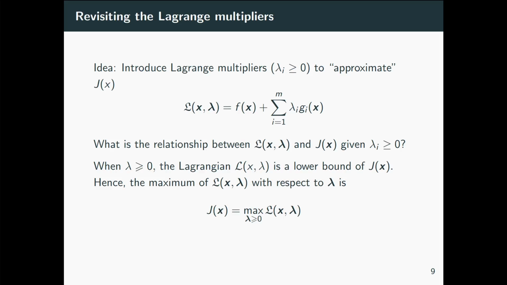You can take the lambda values to be infinite, and that's how you will be able to get to J(x). So we'll be making use of this particular identity, that J(x) is the maximization of this function L(x, lambda) over the lambda variables, but there is a small constraint here that lambda is greater than or equal to 0.